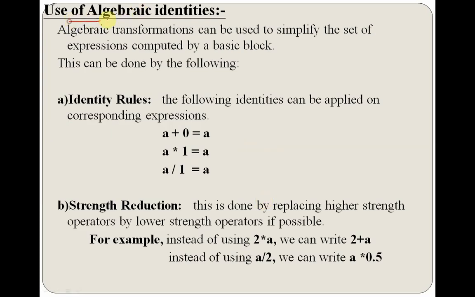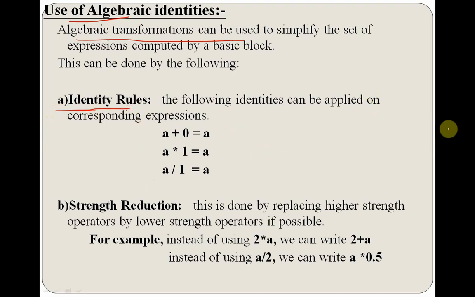Second one, use of algebraic identities. Algebraic transformations can be used to simplify the set of expressions calculated by a basic block. Within a basic block we have a number of expressions and statements, and those expressions can be simplified by applying various algebraic rules. See the first one, identity rules.